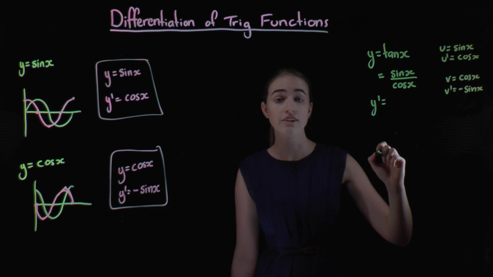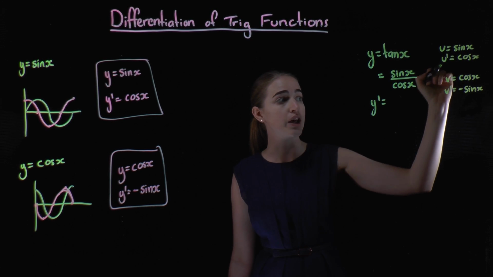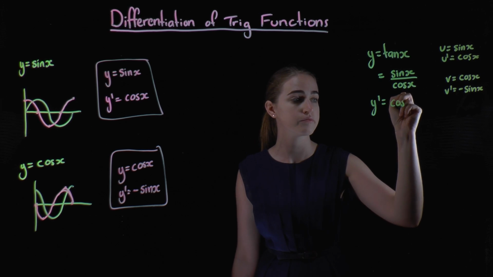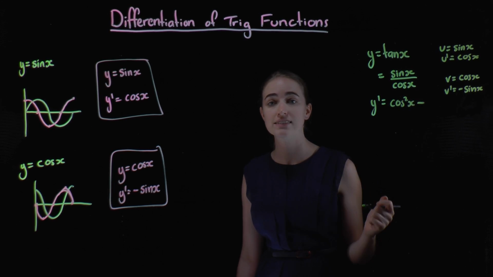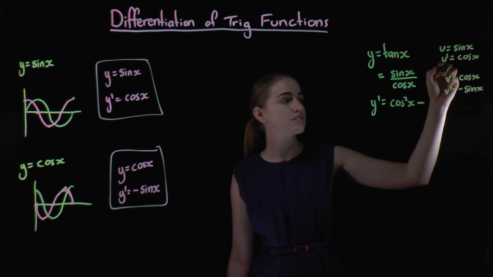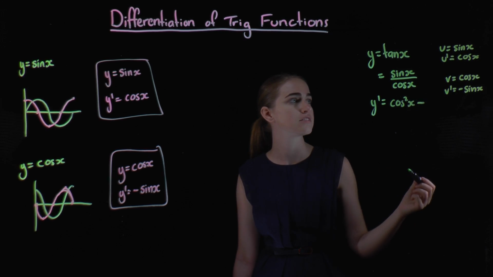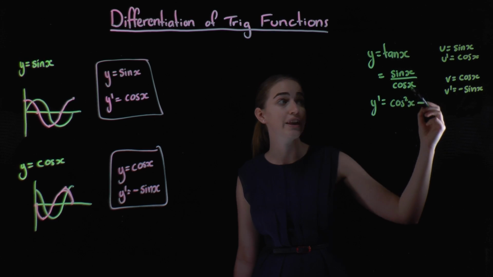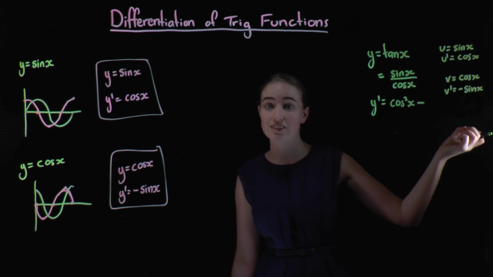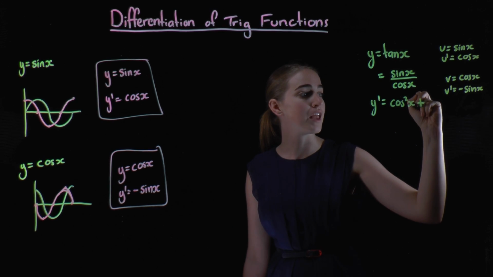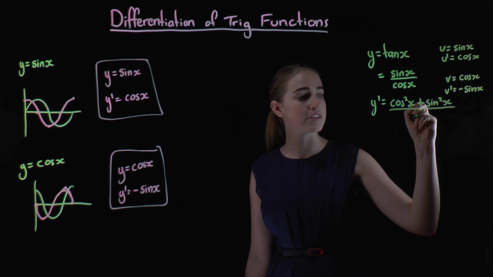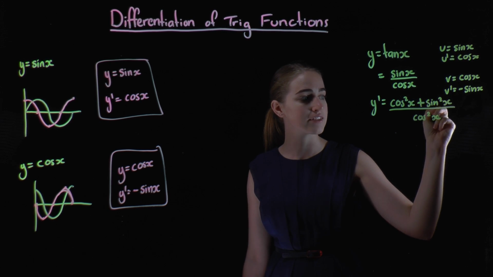So now when we go to find our derivative, we're going to have v u dash, so that would be cos x times cos x, so cos squared x, minus u v dash. So sine x times minus sine x would give us minus sine squared of x, which will give us plus sine squared x, all over the denominator squared, so cos squared x.